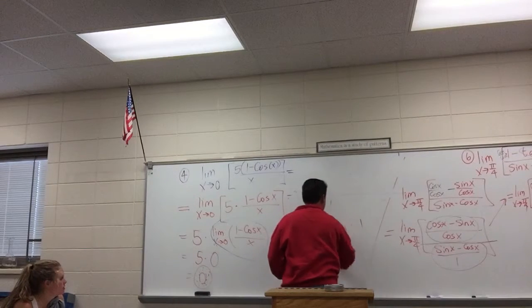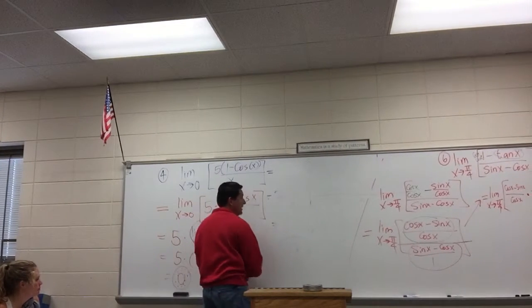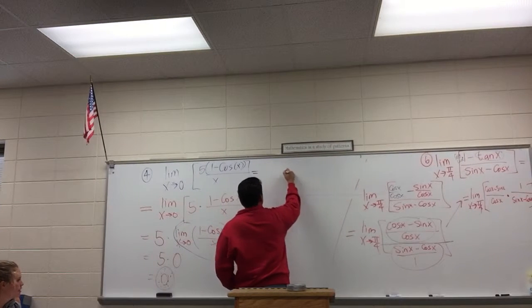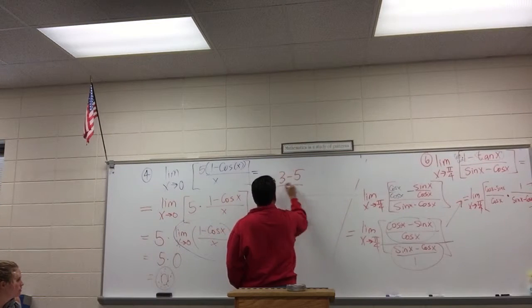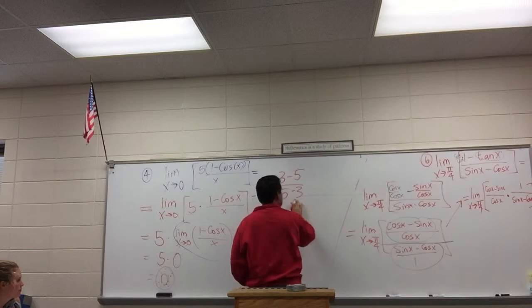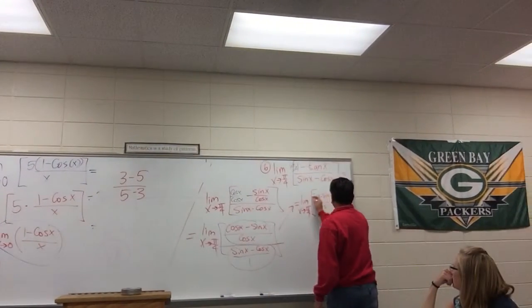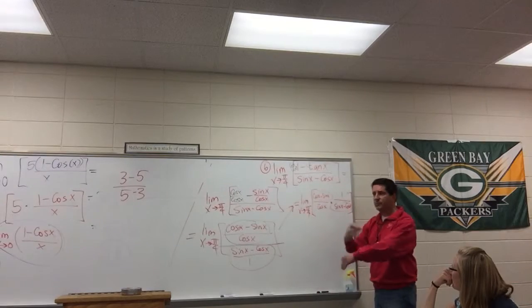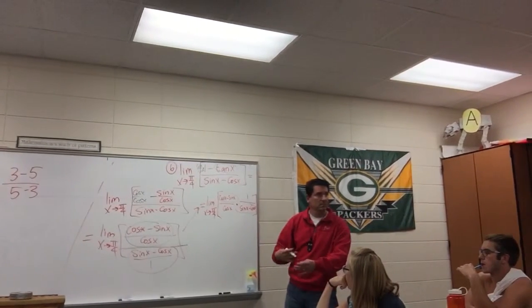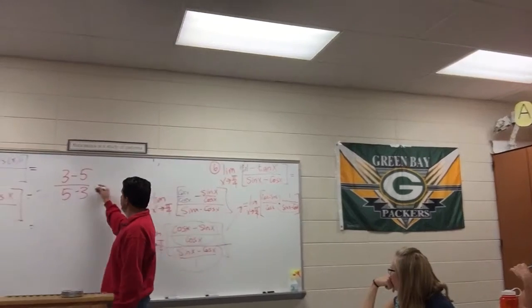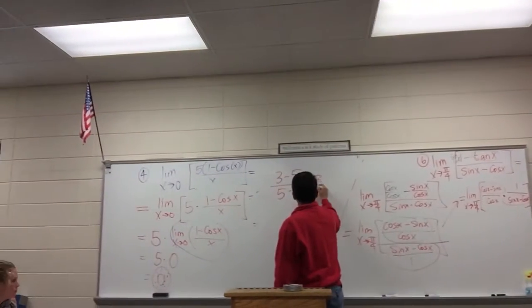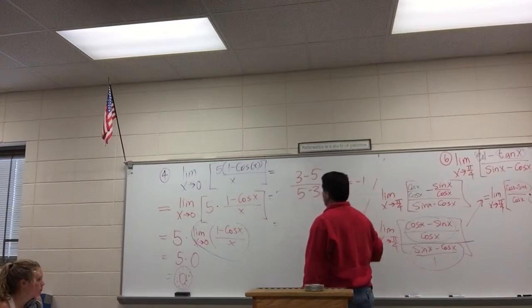Okay, so look at this. This is an observation. If I have 3 minus 5 over 5 minus 3, okay, this is what I've got here. This guy and this guy, just the order is switched around. So 3 minus 5 is negative 2. 5 minus 3, that's 2, so the ratio is negative 1.